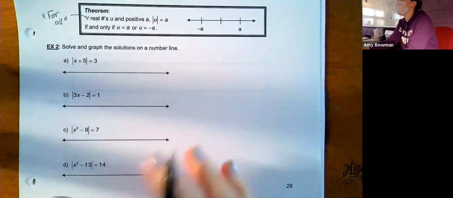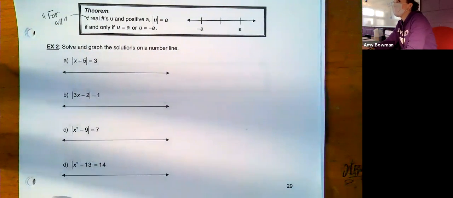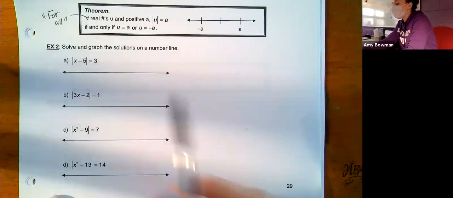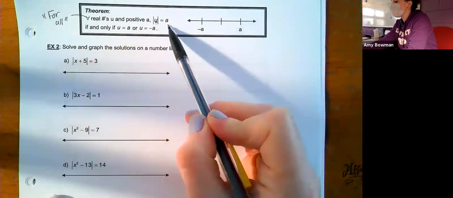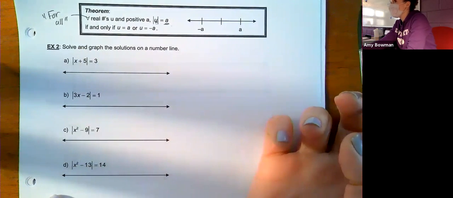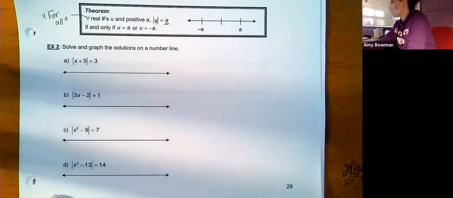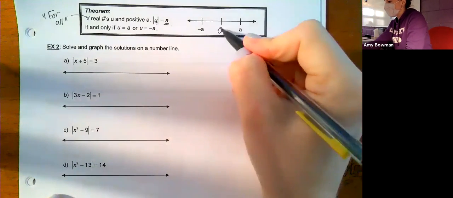So for all real numbers and positive values A, if the absolute value of U equals A, that means U is exactly A away from zero. How many numbers are exactly A away from zero? A and negative A. A itself and the negative of A are exactly that distance away.